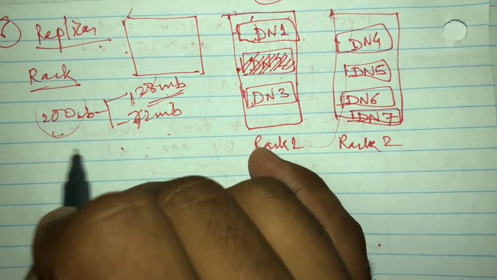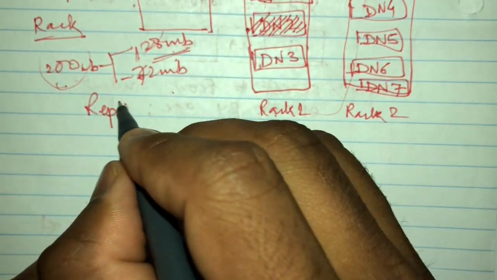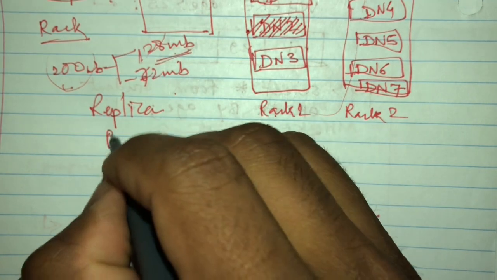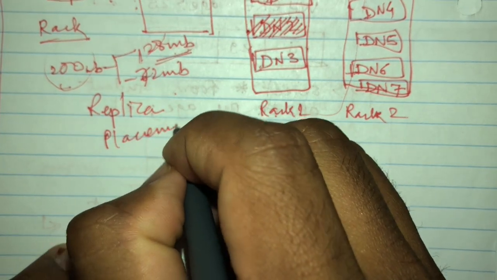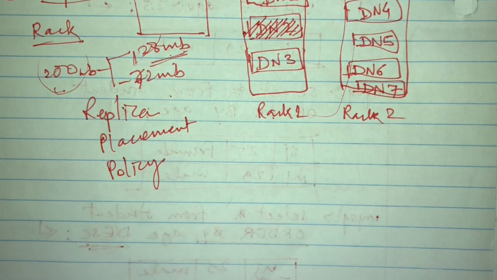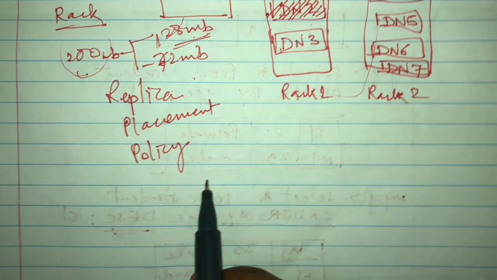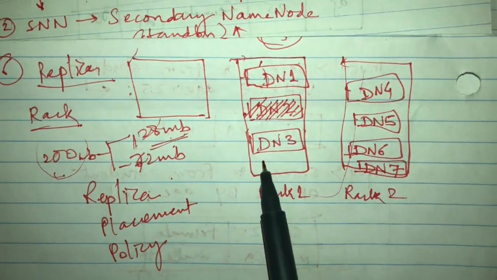But then the replica placement policy kicks in. According to this policy, the original block is kept here.